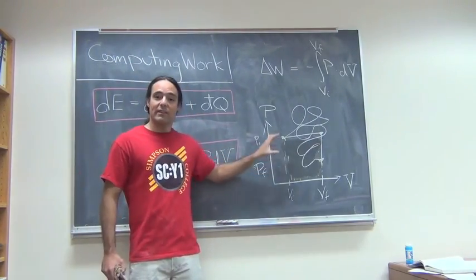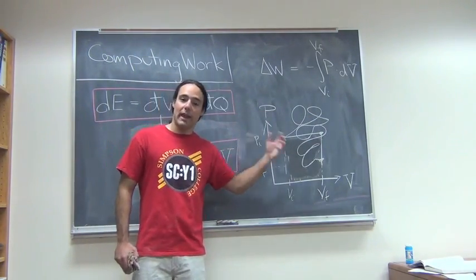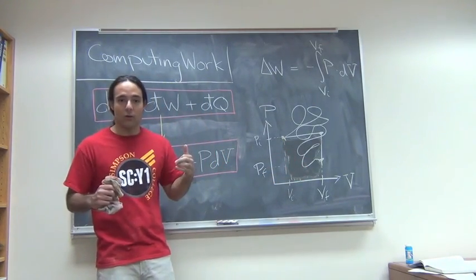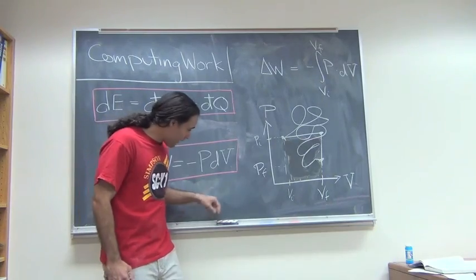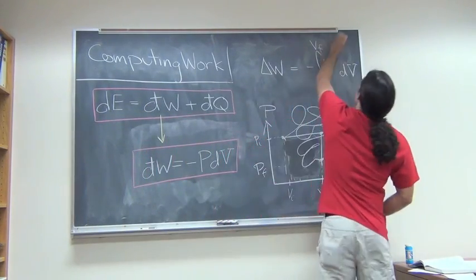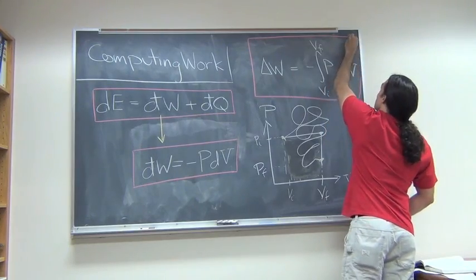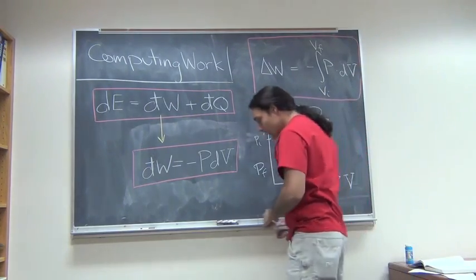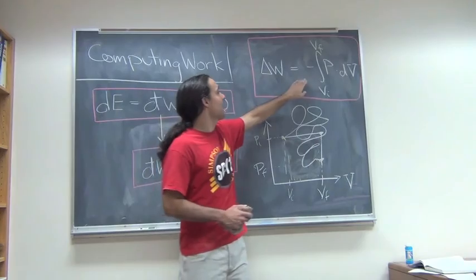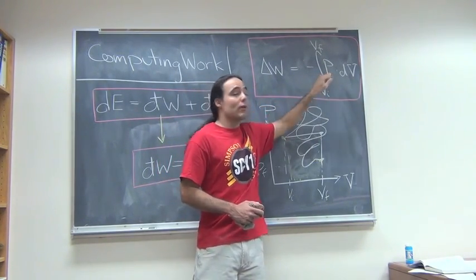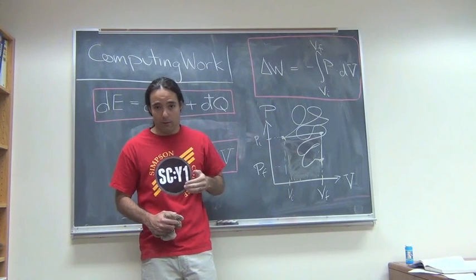But still, at the end of the day, all I have to do is compute the area under that very, very complicated curve, and I'll still get the work done. So, all we have to do to compute the work is do an integral of minus P dV, keeping in mind that pressure could depend on the volume.